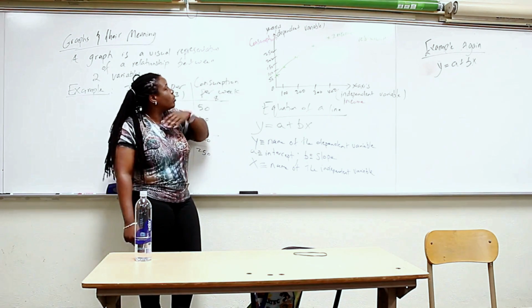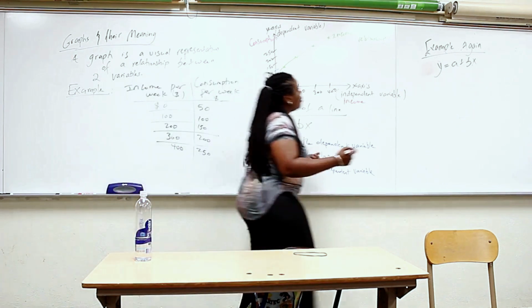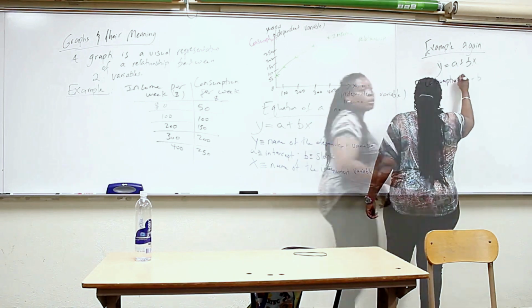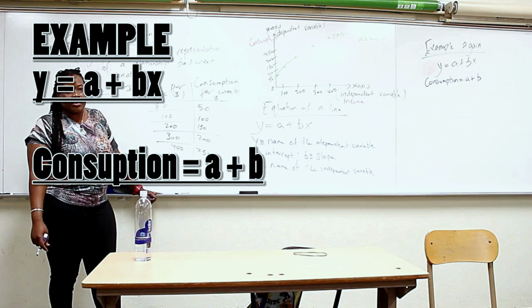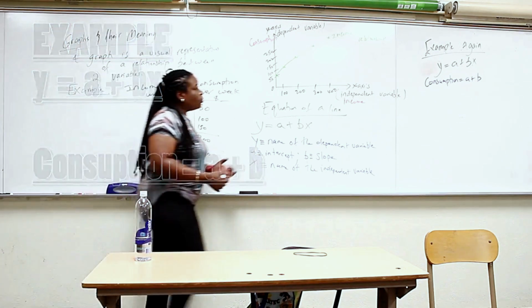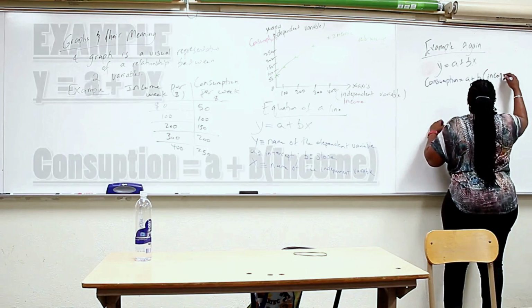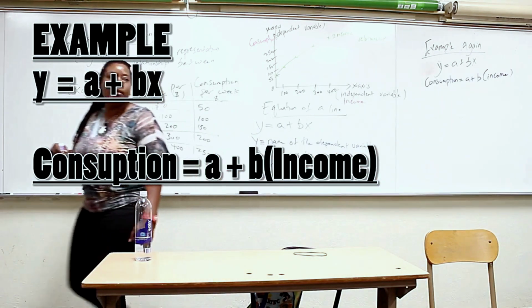For our example, what's the name of the variable on the y-axis? Here we go. That's why I say draw the graph first. What about the x? What's the name of the variable on the x-axis? Consumption is equal to, let's leave these for now, a plus b times x. There we go. That's half of the problem done.